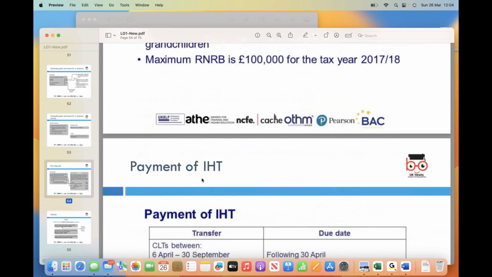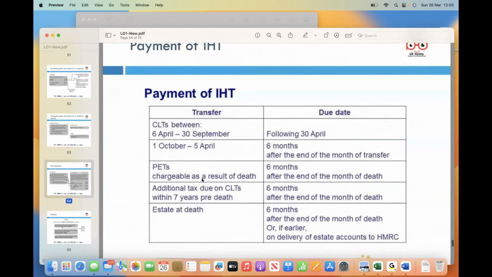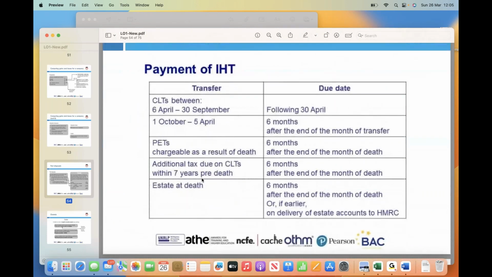Payment of inheritance tax: for transfers between 6th of April and 30th of September, payment is by 30th of April following. For transfers between 1st October and 5th of April, it is 6 months after the end of the month of transfer. For transfers chargeable as a result of death, 6 months after the end of the month of death.